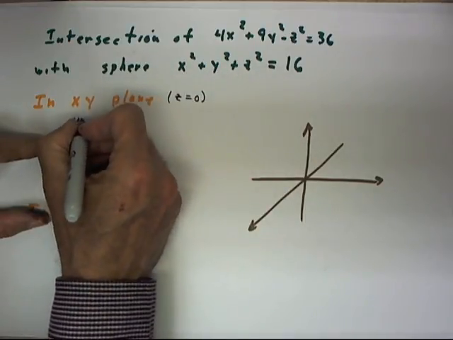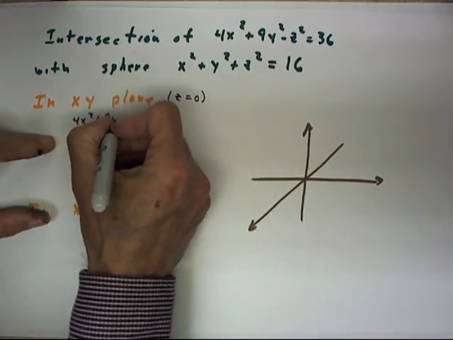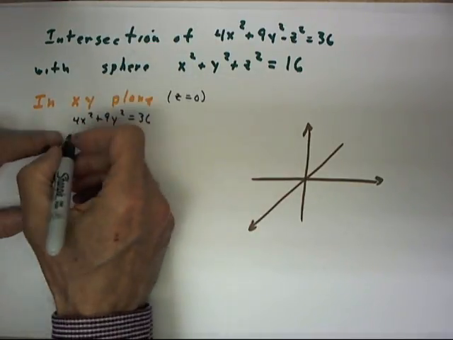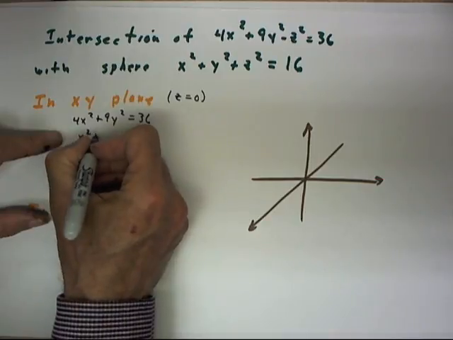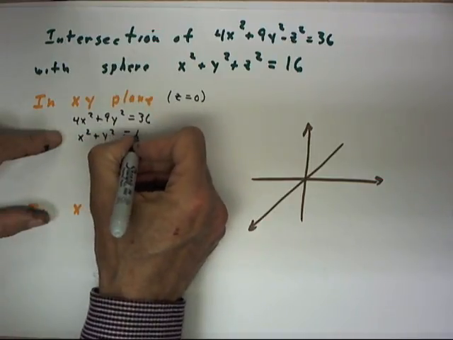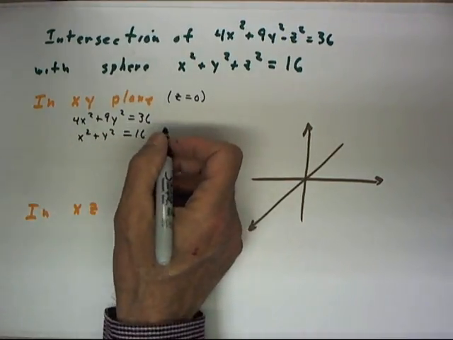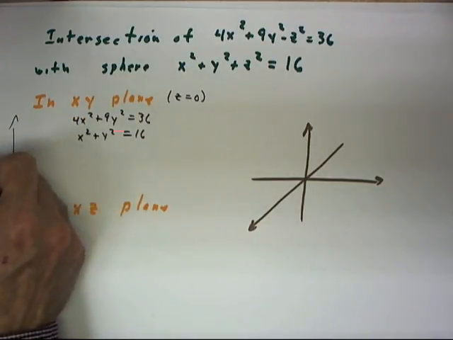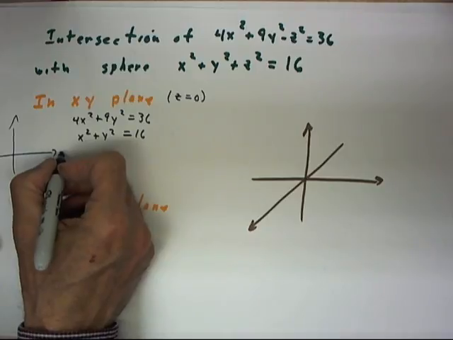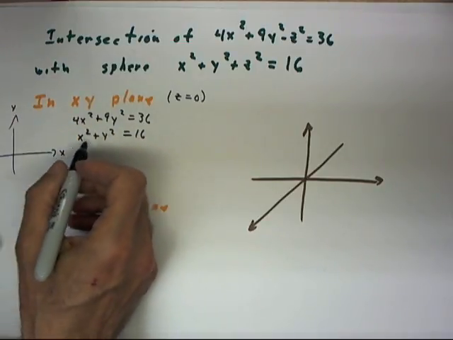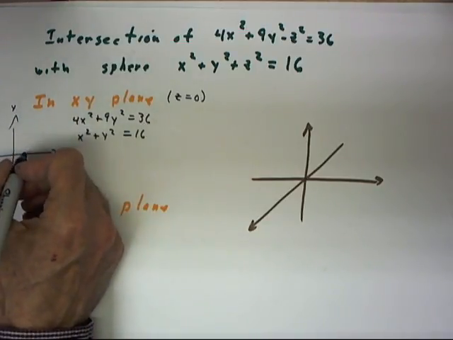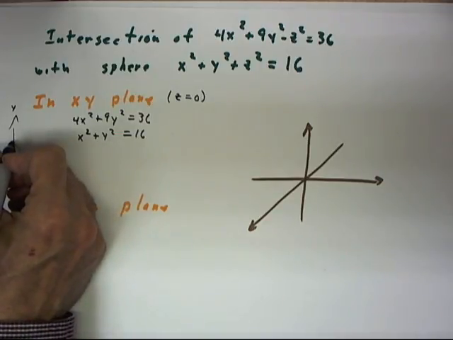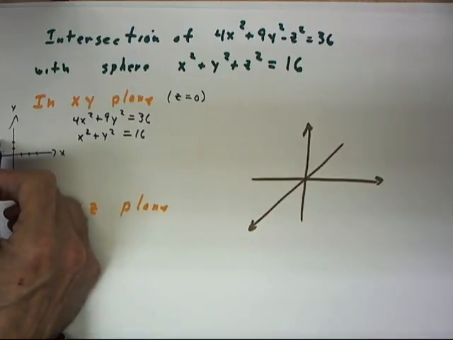We get the equations 4x squared plus 9y squared equals 36, which is the ellipse that we've seen before, and x squared plus y squared equals 16, which is just a circle of radius 4. Now, if you recall the sketch in the xy plane, this surface would come out 3 units in the x direction, 2 units in the y direction.